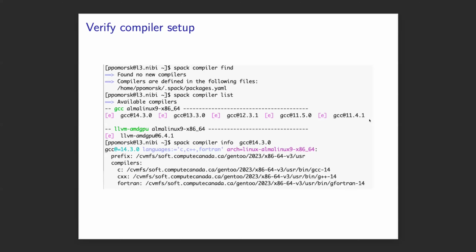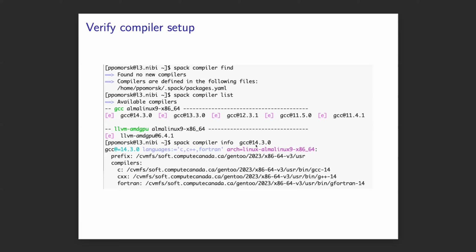And on our systems, in our default software stack, we do have different versions of GCC available. One of these is the system GCC, the one which came with the original OS, and the others live in CVMFS. So for example, I can get some information about the specific compiler.